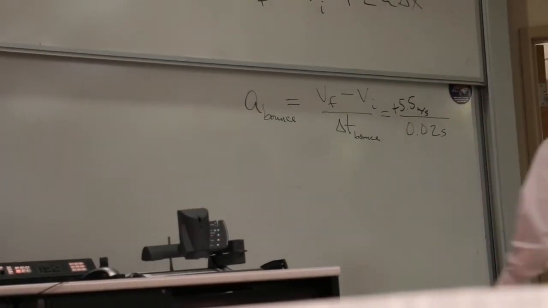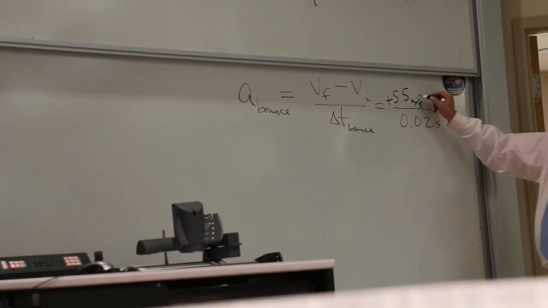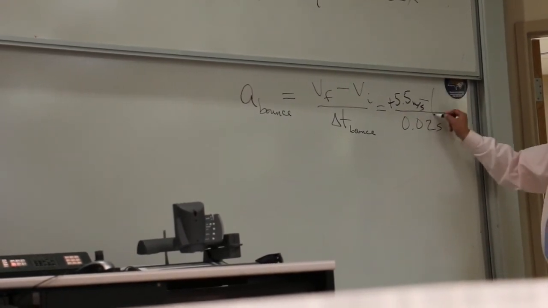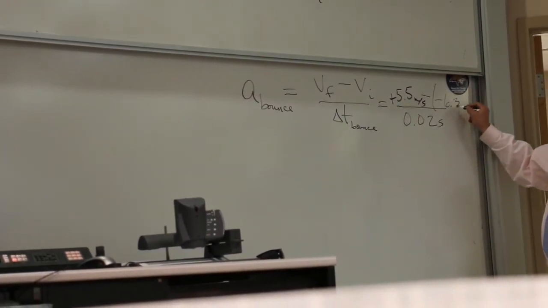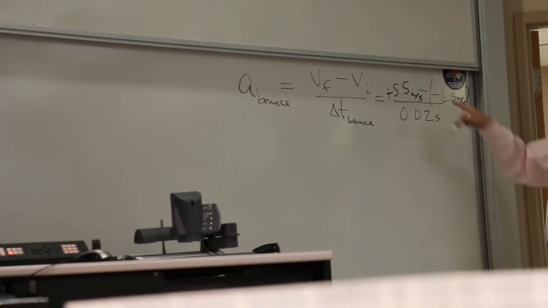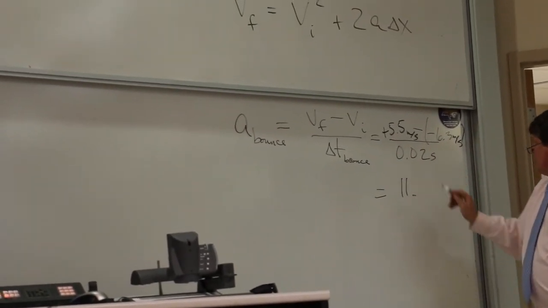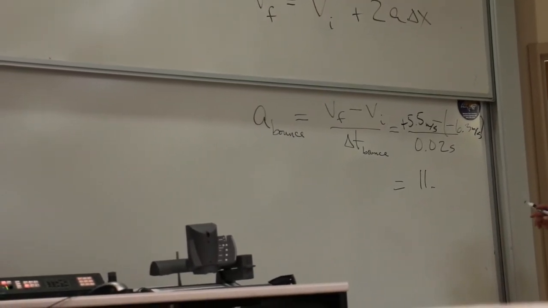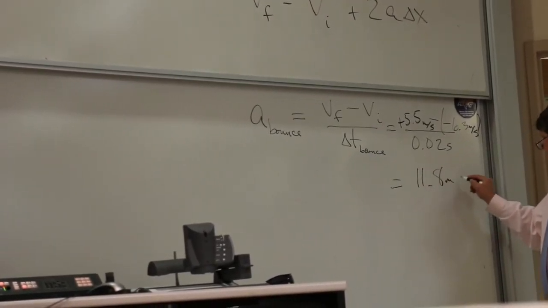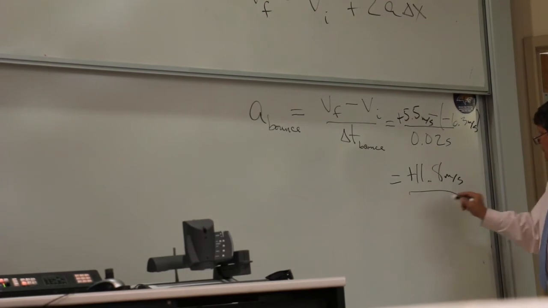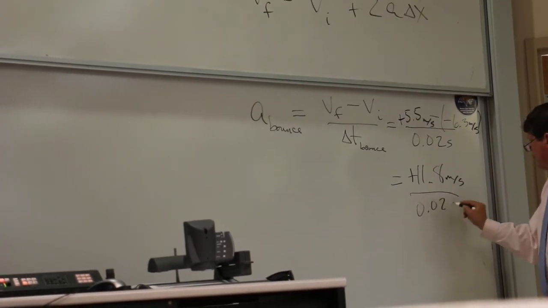And here's where it's important to keep track of signs. I'm subtracting v initial, and v initial is negative 6.3. The minus minus gives me a plus. That's going to give me 11.8 over 0.02 seconds.